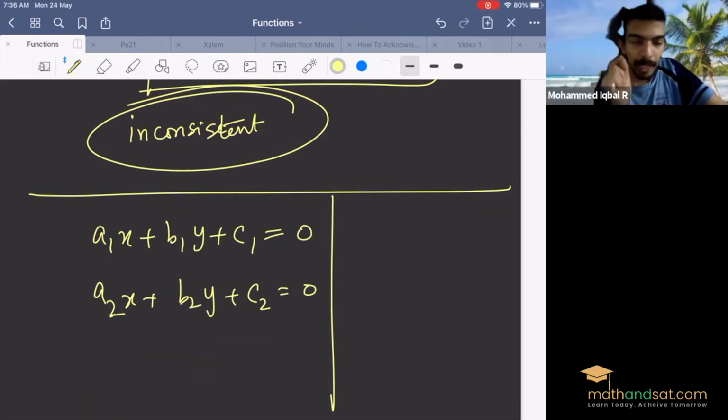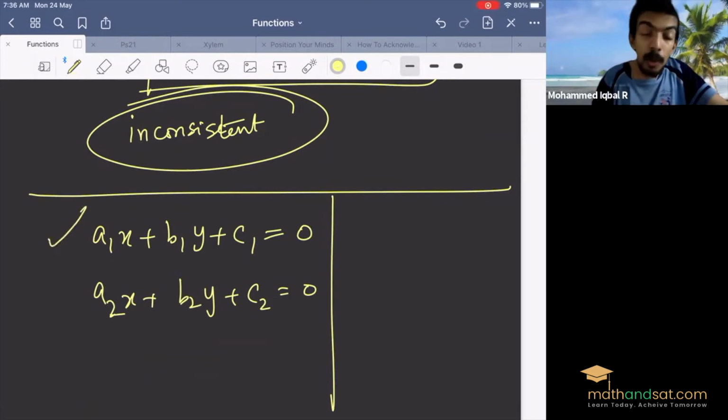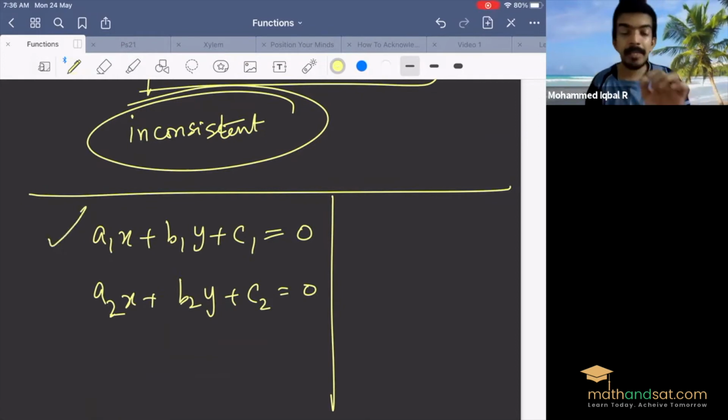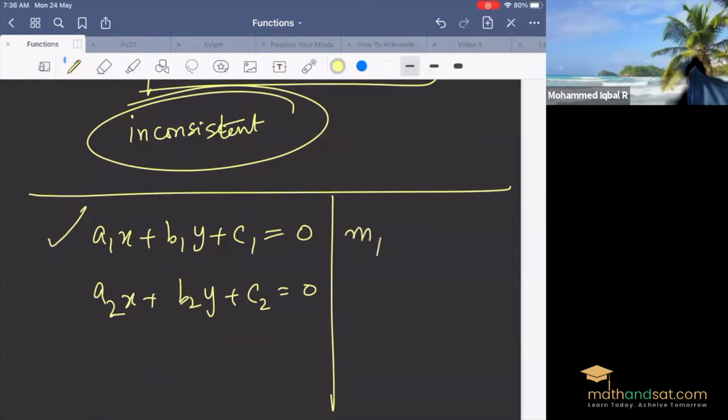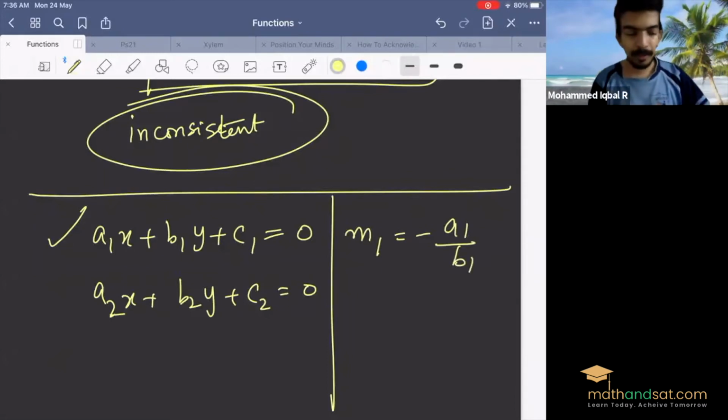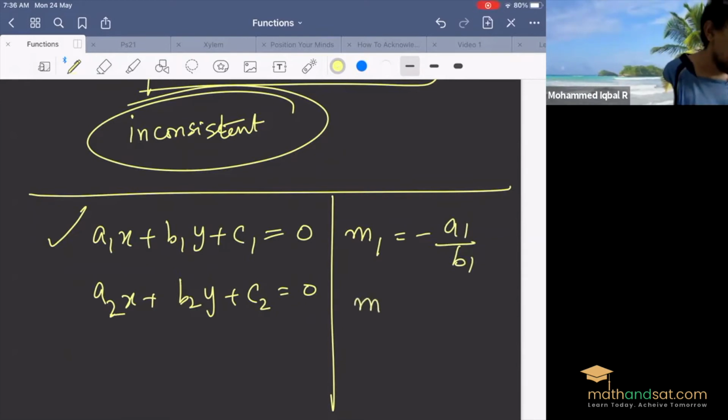If I have a straight line in the general form, the slope of a line is given by minus a1 over b1. So m1 is minus a1 over b1. And the slope of the second line is minus a2 over b2.